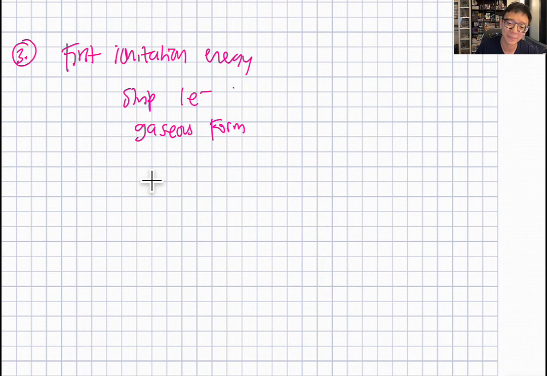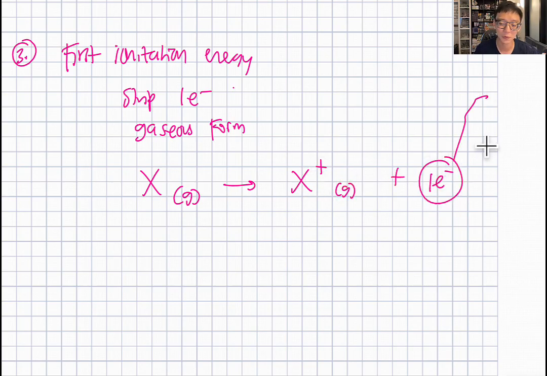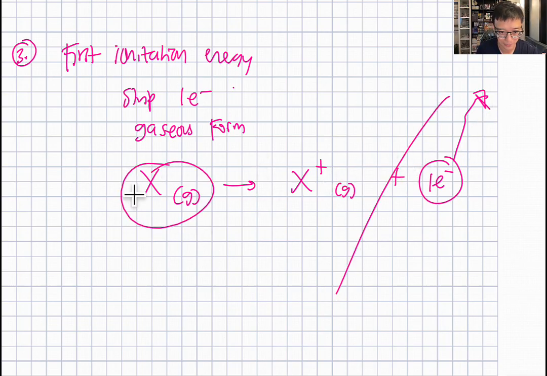So for example, here we have X in gas form, and it will form X positive in gas, releasing one electron. So this will fly away. What is the energy required to strip this electron from this atom? That is the first ionization energy.